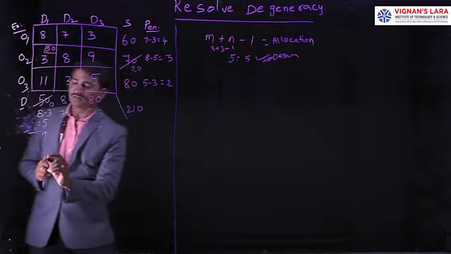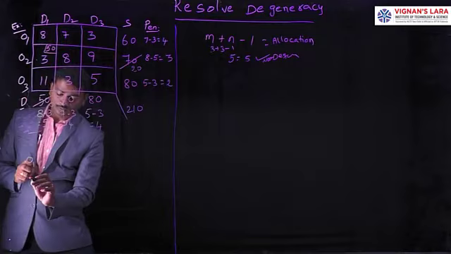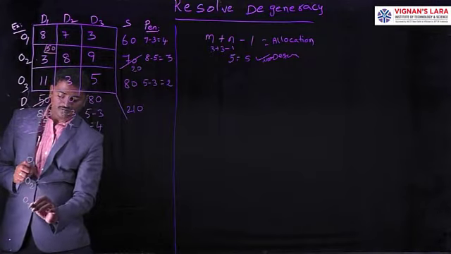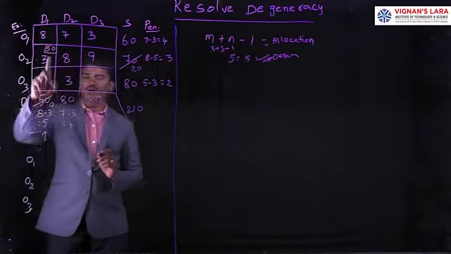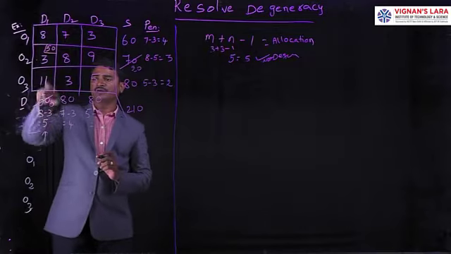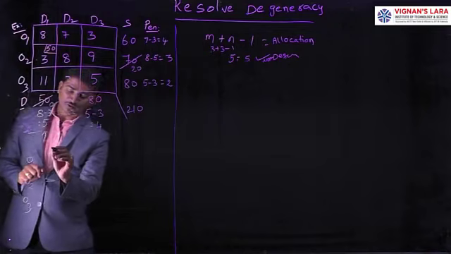Next, coming to the second iteration, here we have 3 origins O1, O2, O3 and 3 demand stations. After satisfying the demand, there is no requirement at the D1 station, so we simply remove D1.